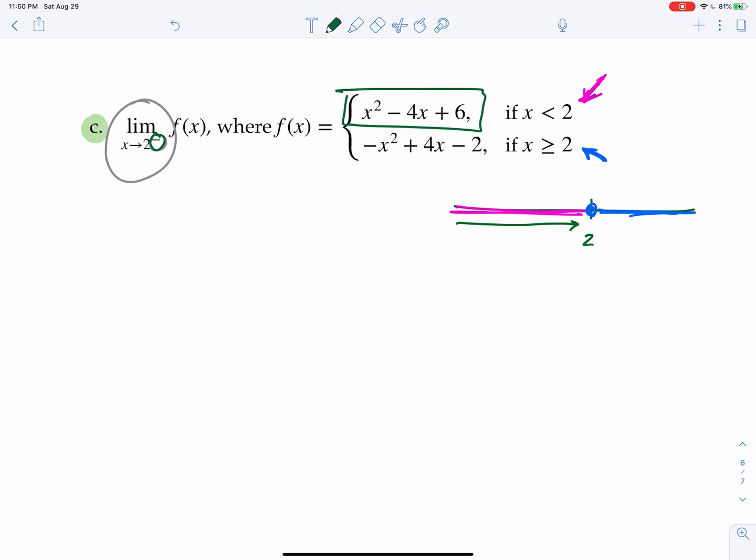So I can simply say the limit as x approaches positive 2 from the left-hand side of f of x is equal to, well, 2 squared minus 4 times 2 plus 6.